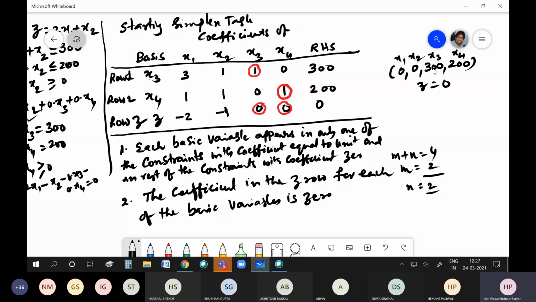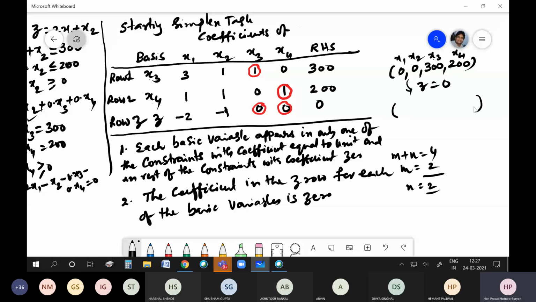Now here, in the initial starting position we made x1 and x2 equal to 0, and we solved for x3 and x4, which we got as 300 and 200. Now from this solution I have to move to another solution.